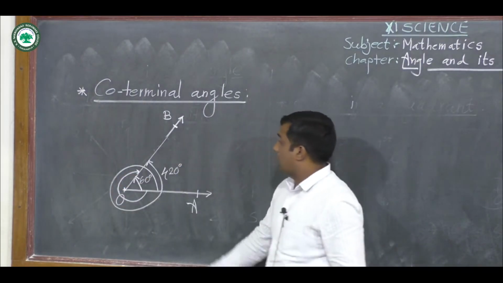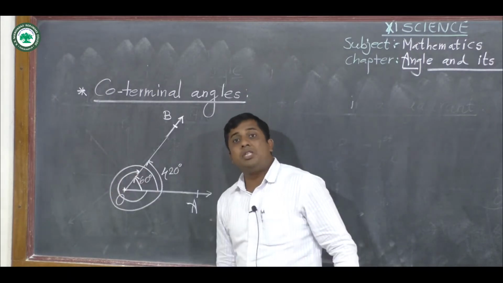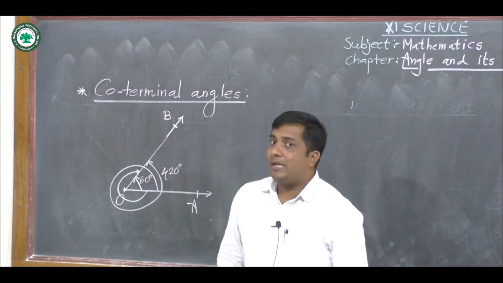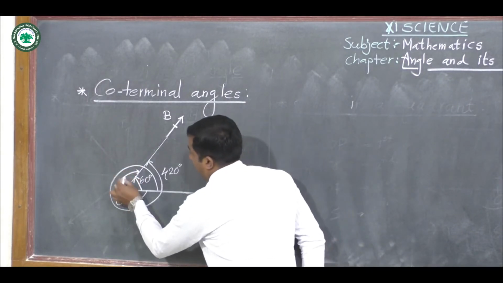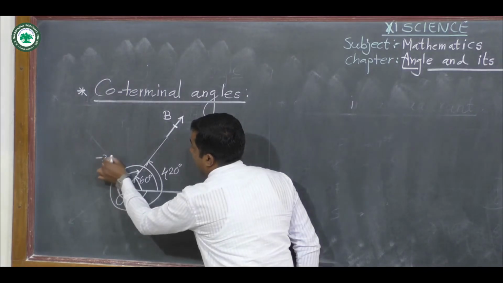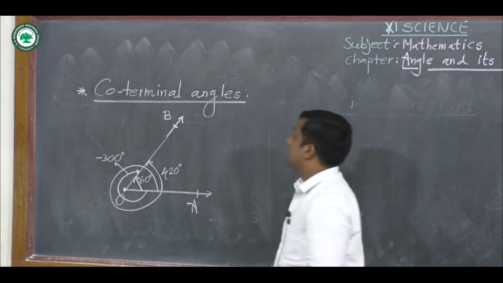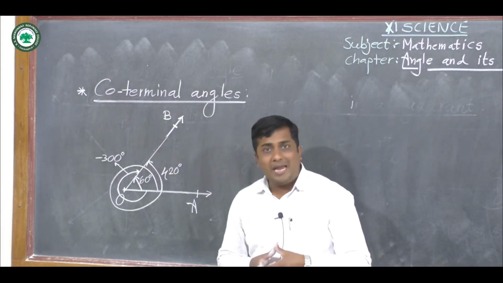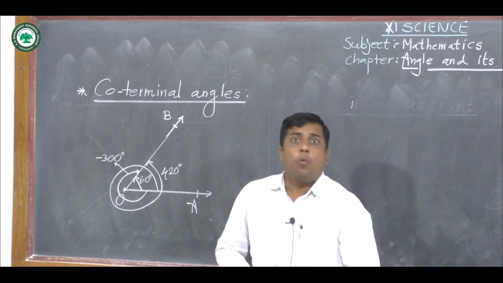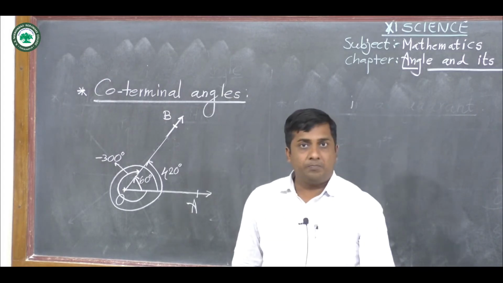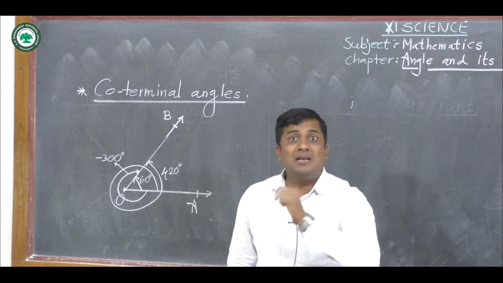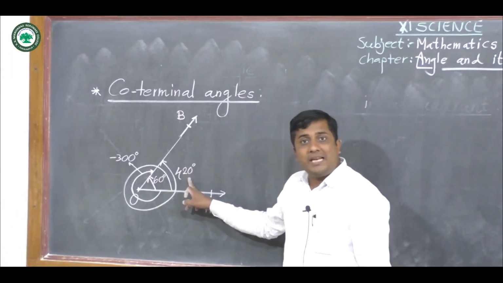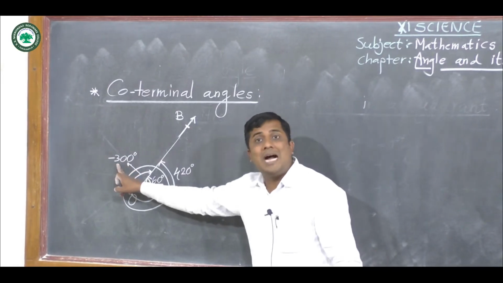If this rotation is clockwise, then the measure of the angle is minus 300 degrees. So in the same position of initial ray and terminal ray, we get different angles: 60 degrees, then 420 degrees, then minus 300 degrees.